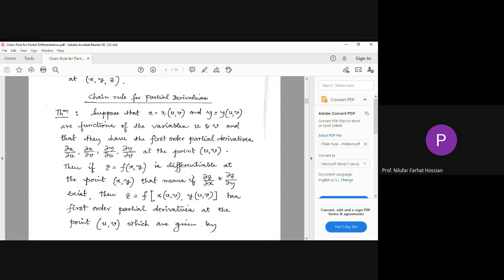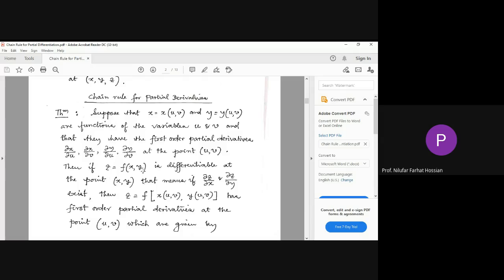For x, these u and v are the two independent variables. x is a function of these two independent variables and y is again a function of these two independent variables. So they are functions of the variables u and v, and they have first order derivatives. That means del x by del u, del x by del v, del y by del u, and del y by del v exist at any point u, v.